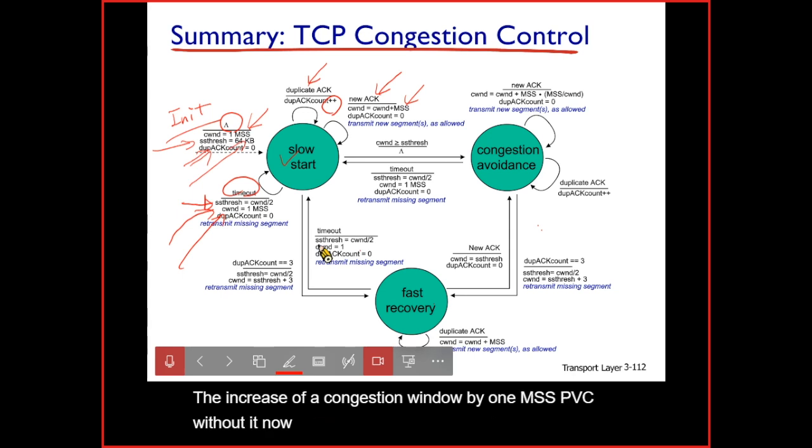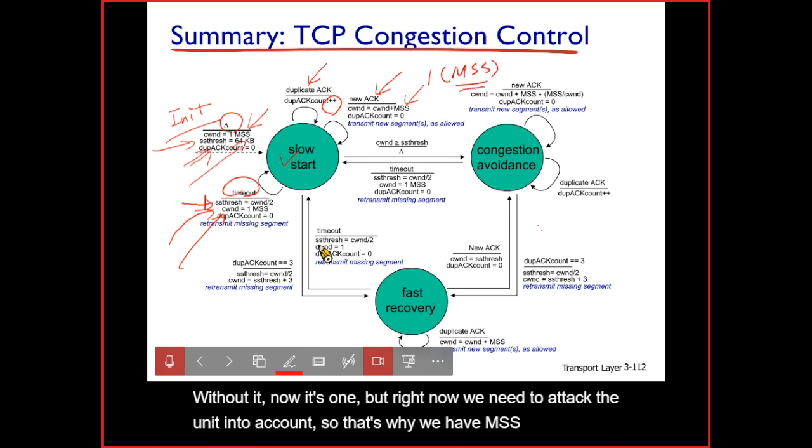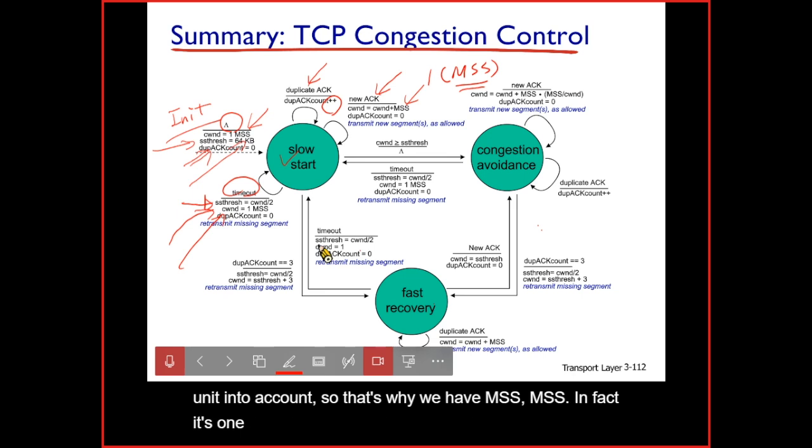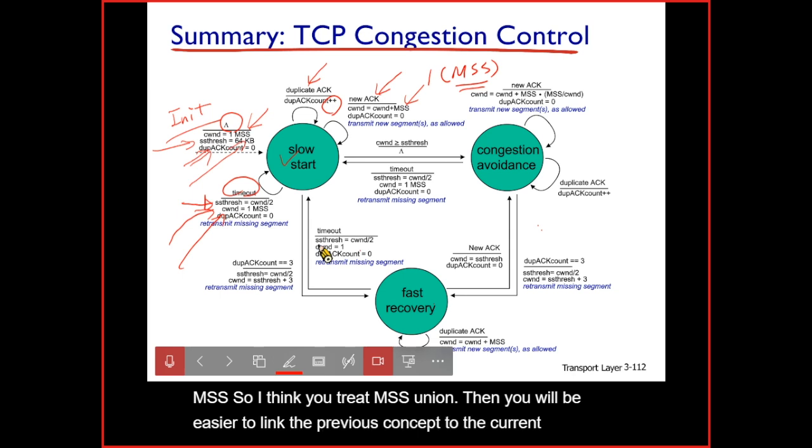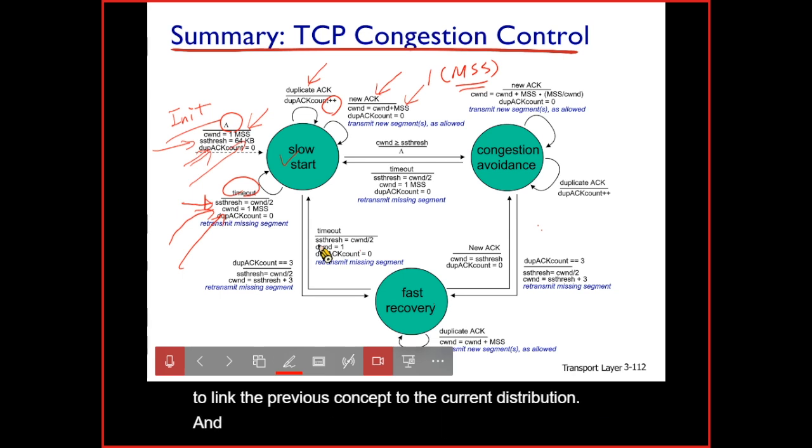If you treat MSS as a unit, it will be easier to link the previous concept to the current one. And because of a new ACK, with no duplicate ACK, we need to reset the counter. Up to now, everything's okay.